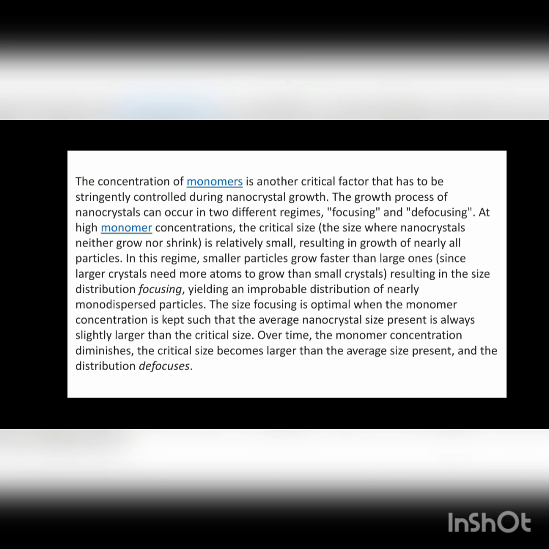The growth process of nanocrystals can occur in two different regimes: focusing and defocusing. At high monomer concentrations, the critical size is relatively small, resulting in growth of nearly all particles. In this regime, smaller particles grow faster than larger ones, resulting in size focusing, yielding a distribution of nearly monodispersed particles.